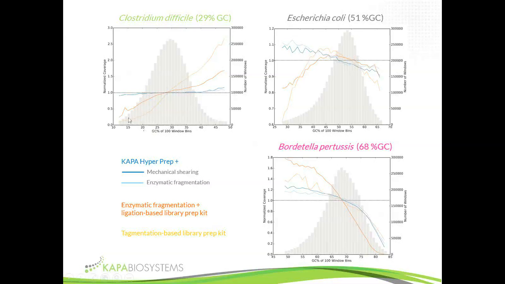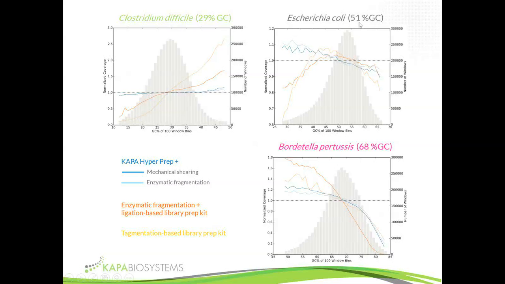So, Clostridium, you'll see that the average is around here, 29, 30%. And the height of the bar represents how many 100 base pair windows fall in this range of 11%, 12%, 13%, 14%, 15% in each case. And so, as you can see, as the GC content increases, the mode of this peak shifts to the right and to the right.